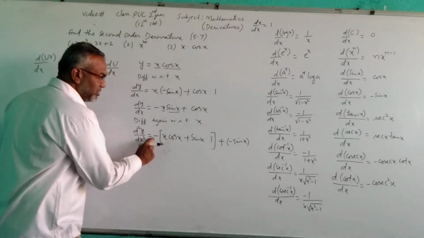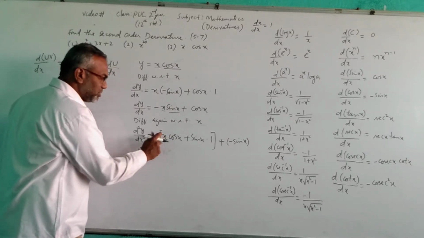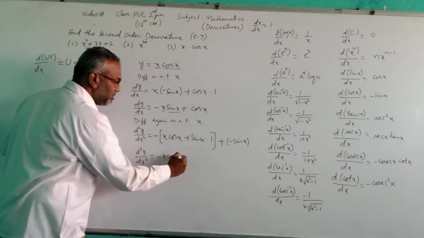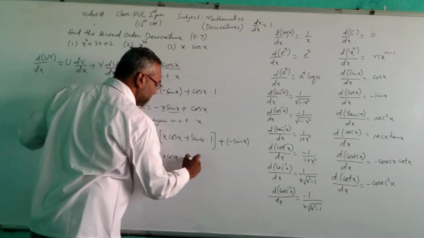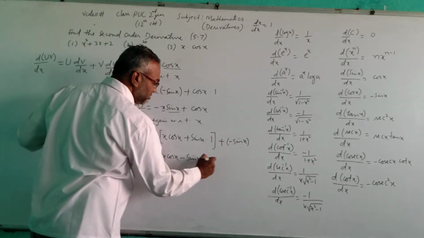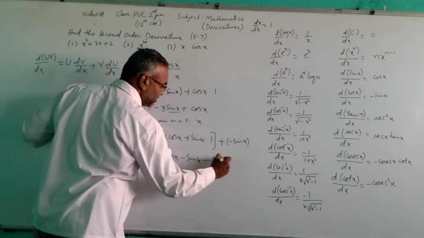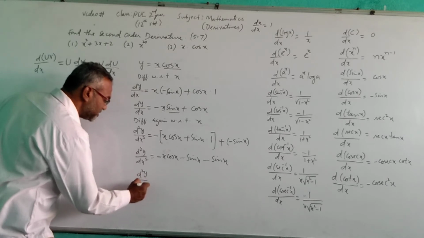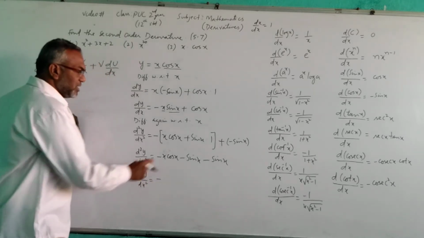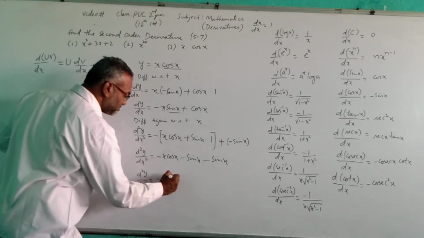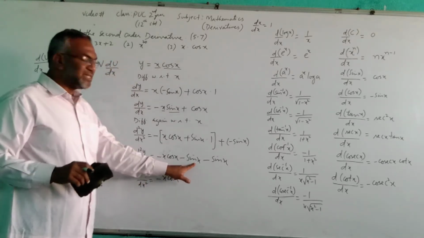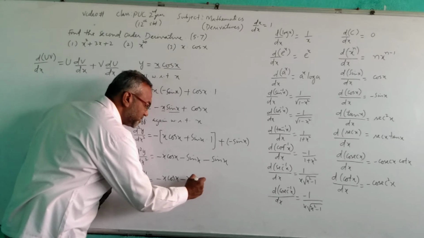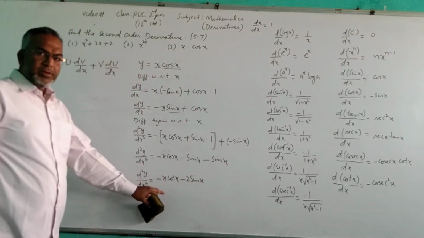If you multiply by minus sign, this minus into plus will become minus x cos x, then this minus into plus will become minus, sin x into 1 is sin x, plus into minus becomes minus sin x as it is, right? So that becomes d square y by dx square is equal to minus x cos x as it is, minus 1 sin x minus 1 sin x becomes minus 2 sin x, right?